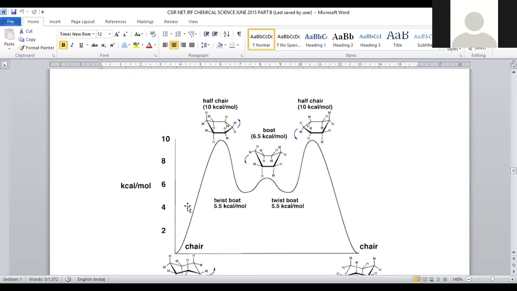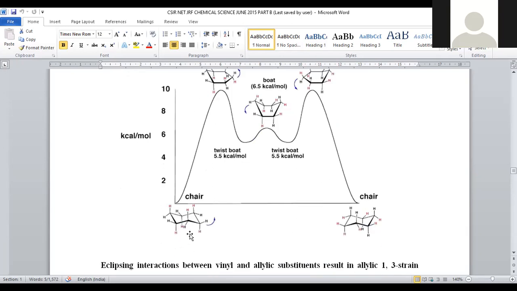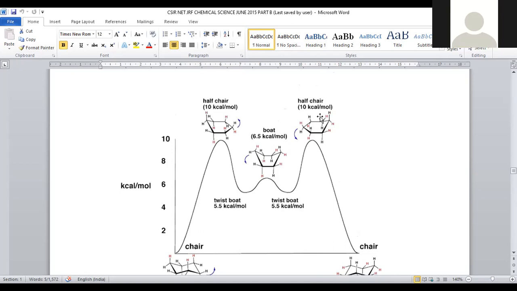And this is the energy profile diagram for chair, boat, half chair and twist boat. Sorry, chair, boat, twist boat, half chair conformations. These two ground level systems, both 0 kilocalories per mole, are chair forms, and these two upper peak level compounds have higher energy: 10 kilocalories per mole is imparted to the half chair compound, which is highly sterically unfavorable, and the boat conformation has 6.5 kilocalories, which is the intermediate one.